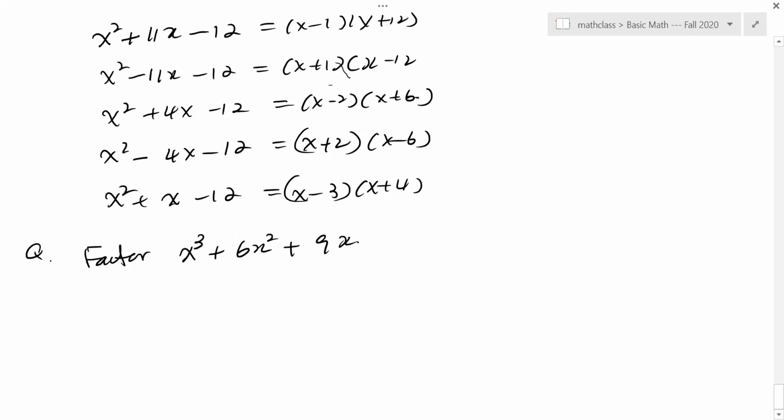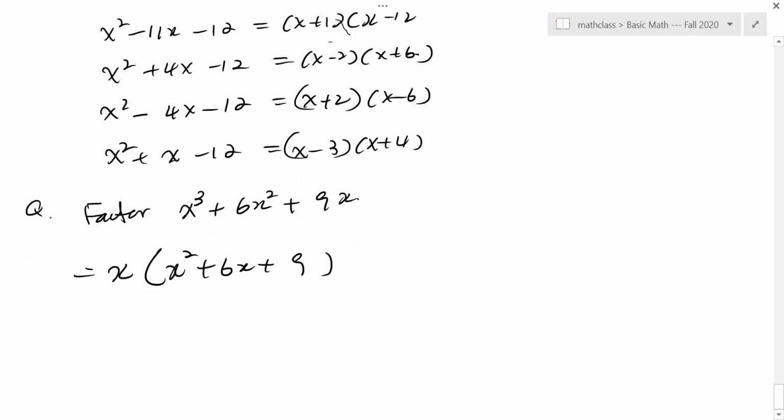Step 1, you take x out. x is a common factor.